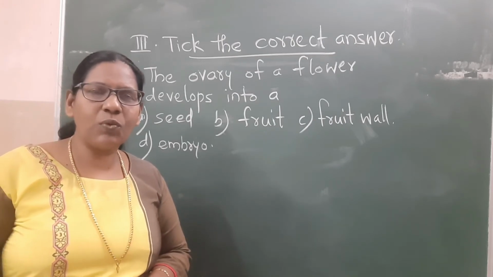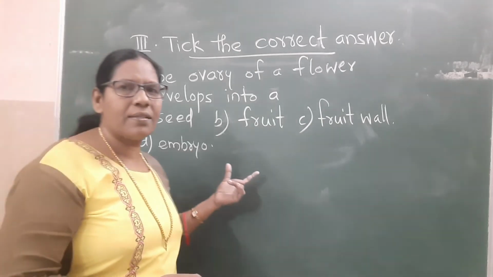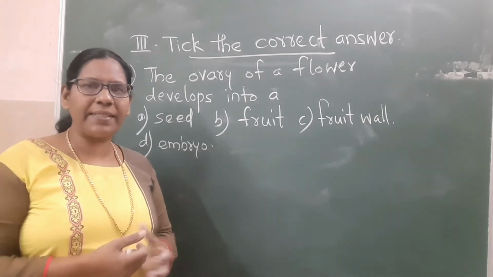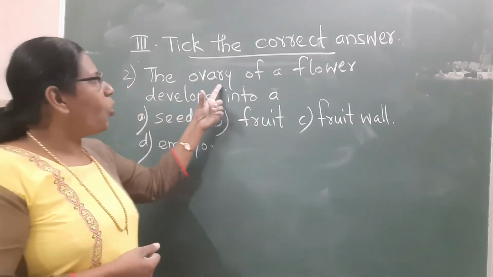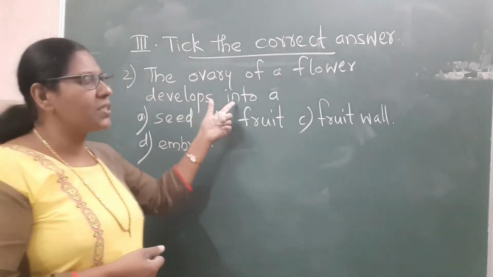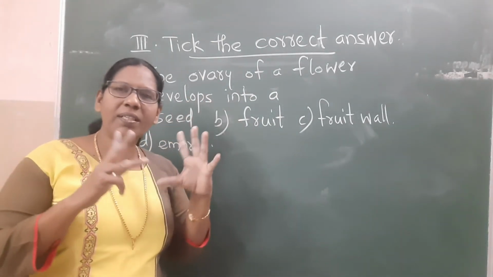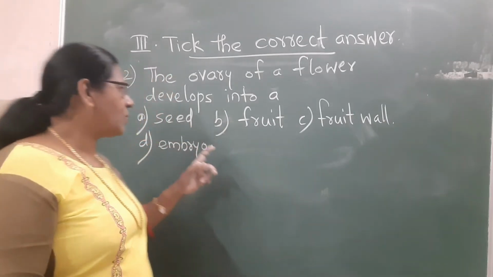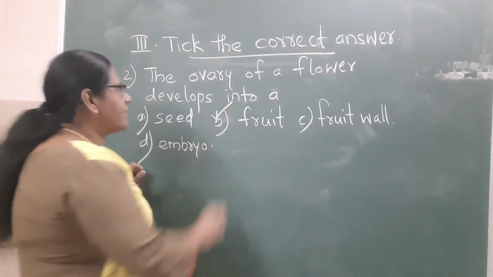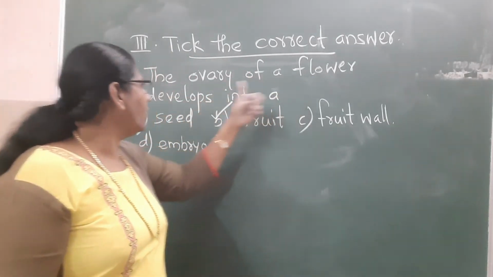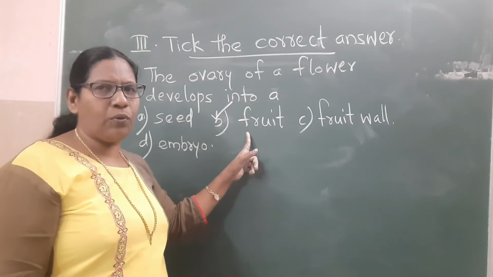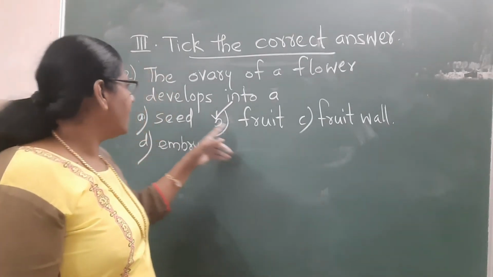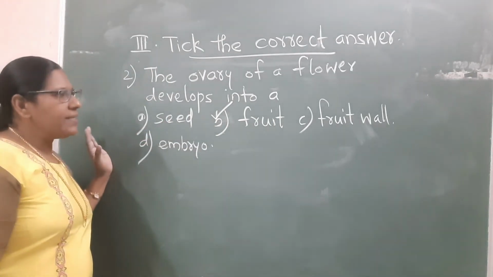Then the third thing is the ovary starts growing in size. It grows into a big size and turns into a fruit. That is what we studied. So fruit is the answer. The ovary of a flower develops into a fruit.